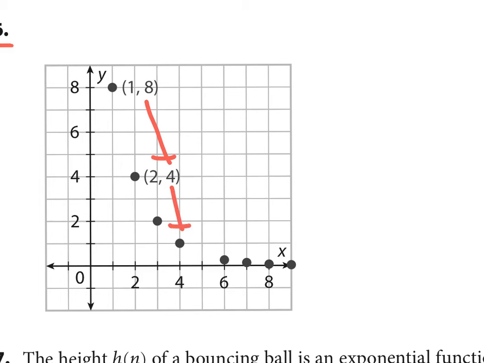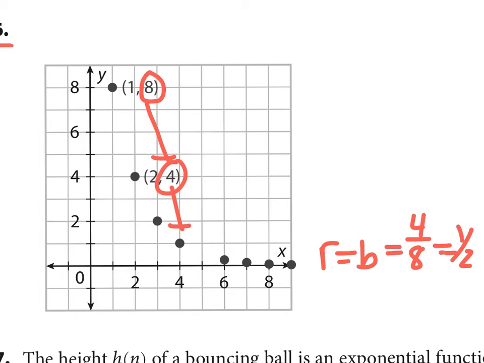Now, in this case, I'm going down. This is a decreasing function. That means my r, or my b, as they want it here, has got to be something less than 1. How do I do that? I take this term and divide it by the previous one. So 4 divided by 8 is 1/2. That means I'm multiplying by 1/2. So to get the 0 term, I go backwards.